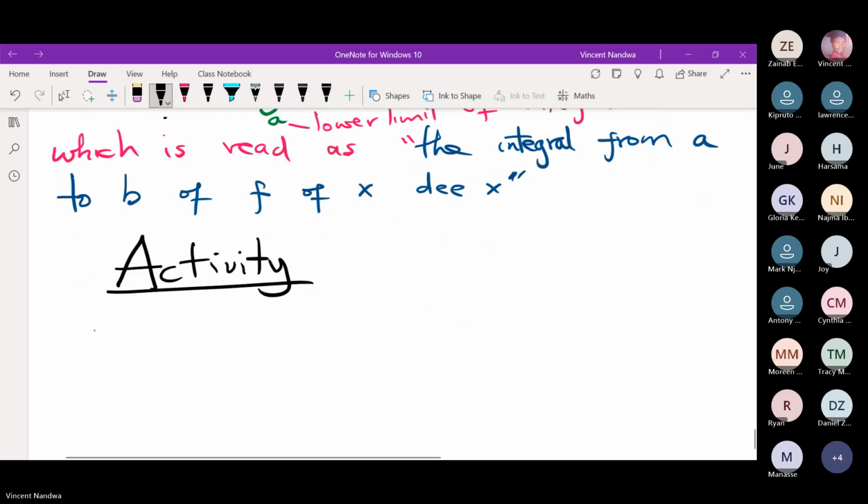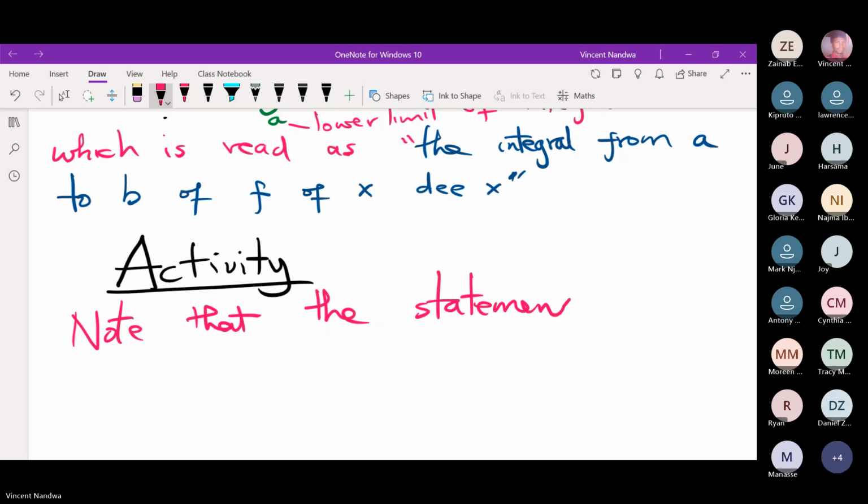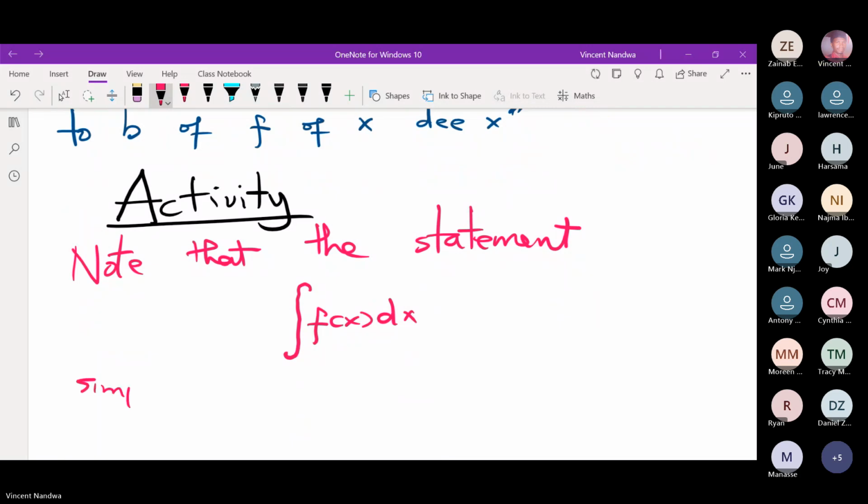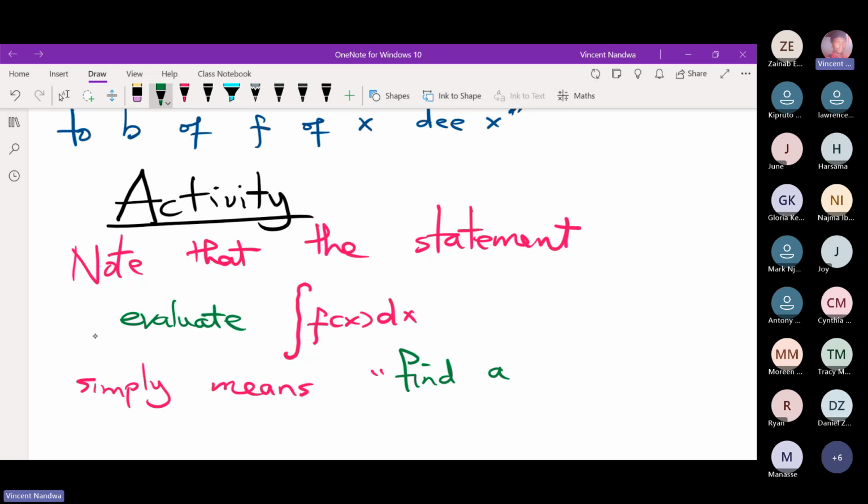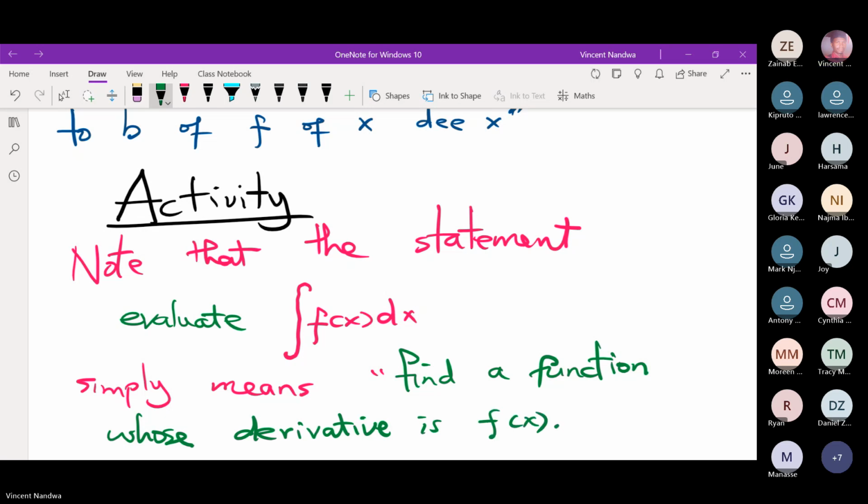So recall, before we recall, note that the statement evaluate simply means find a function whose derivative is f of x.